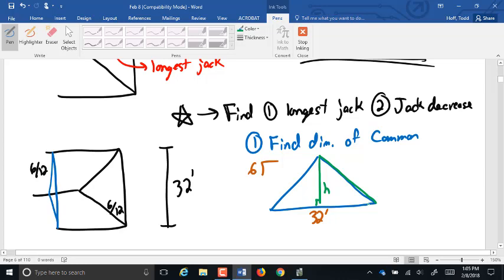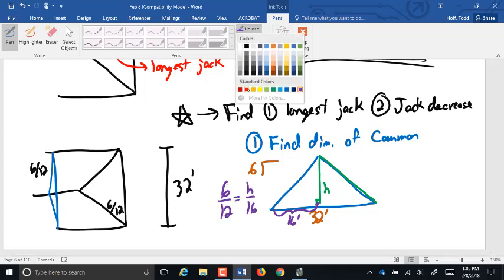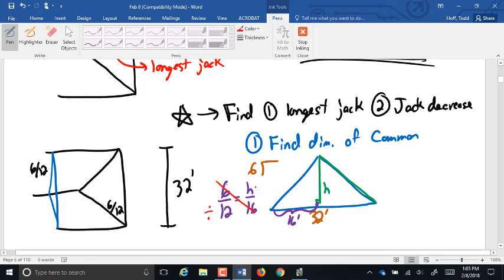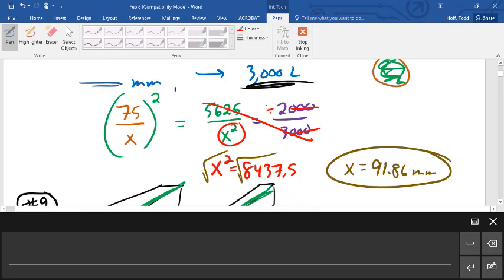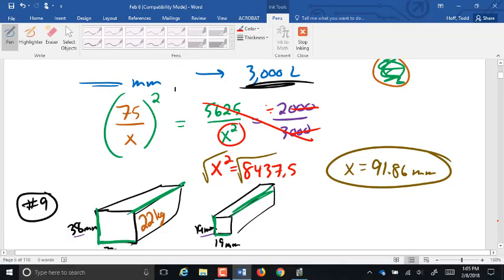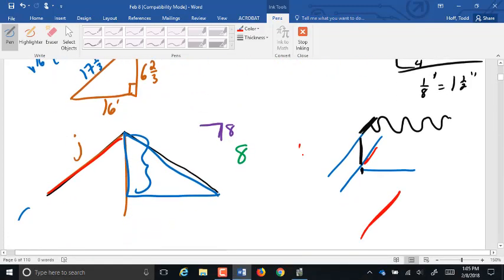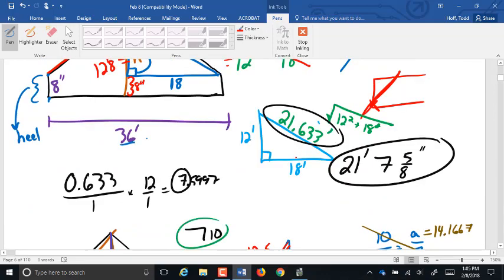How do we find the height? Well, we've got a run of 16. So how do we find h from there? Perfect. 6 over 12 equals h over 16. We cross multiply, divide, h is 8. So now, how do we find that common rafter length?